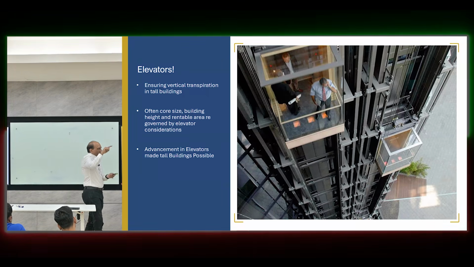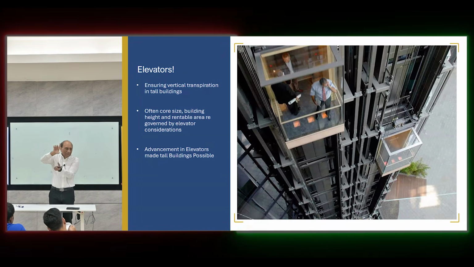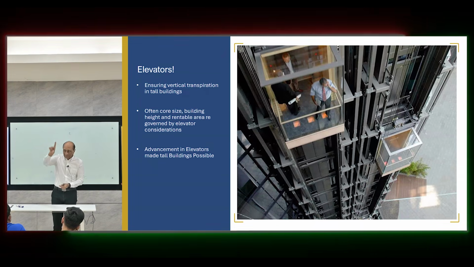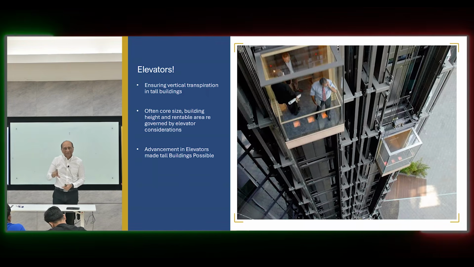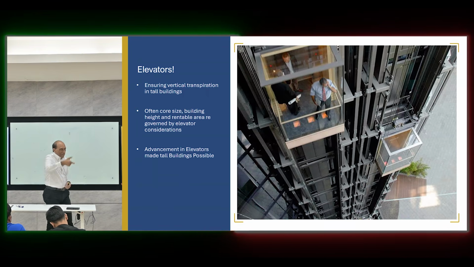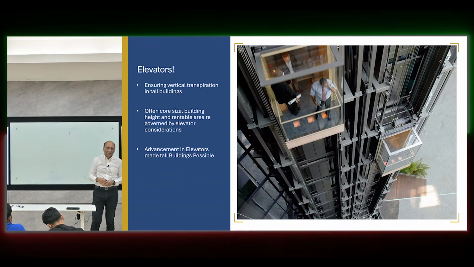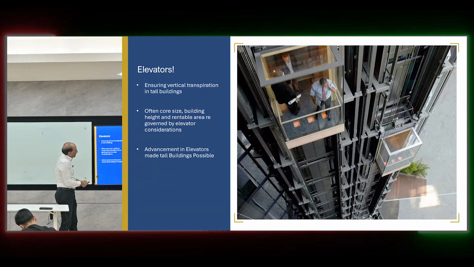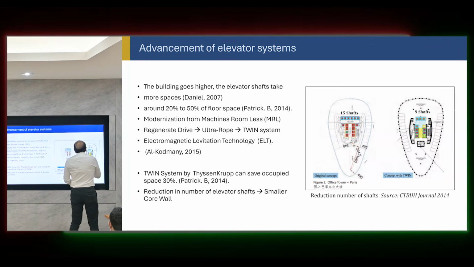One of the solutions was double-decker elevators. Rather than one cabin, two cabins on two floors move together at the same time, so they can carry double the load. Some buildings are using those double-floor elevators that serve 2 floors at the same time. Elevators have gone through a lot of changes, and this is the important thing.